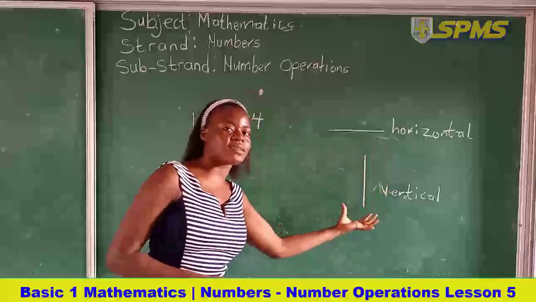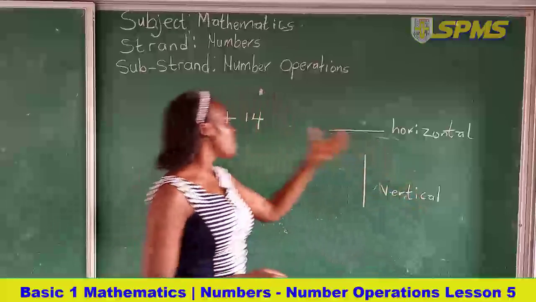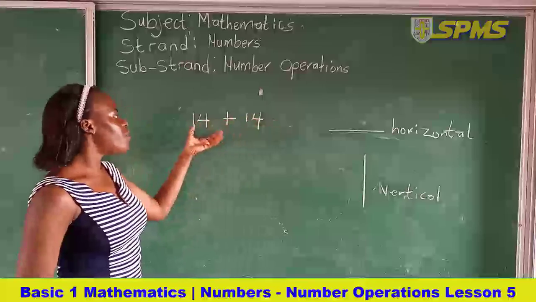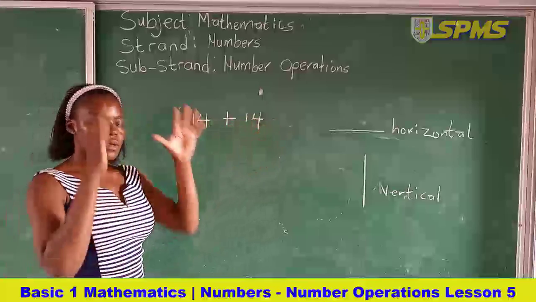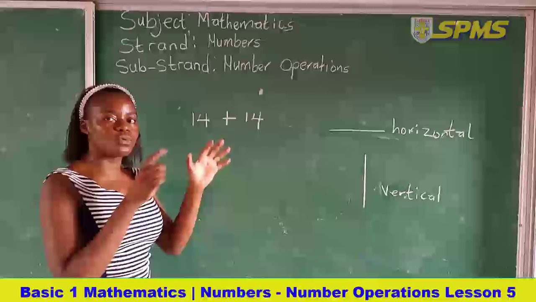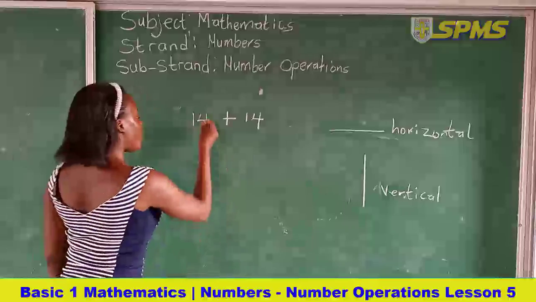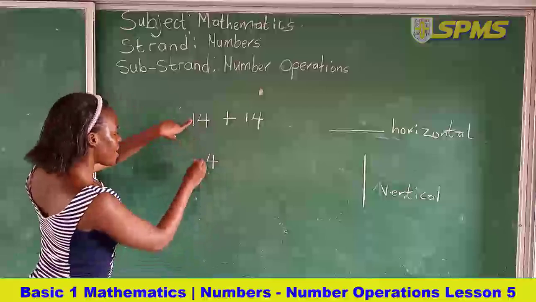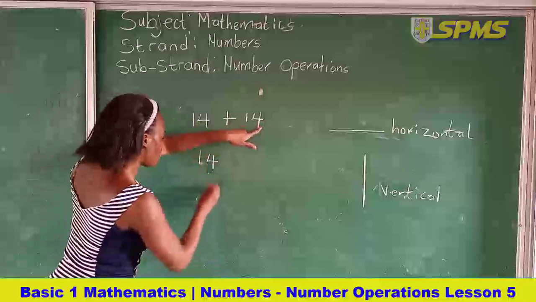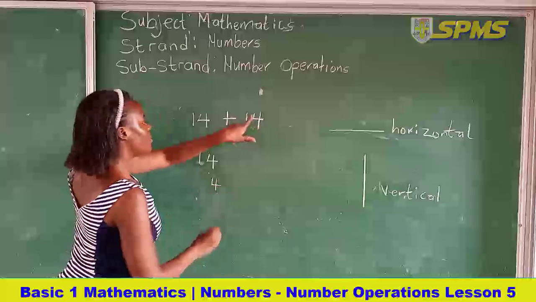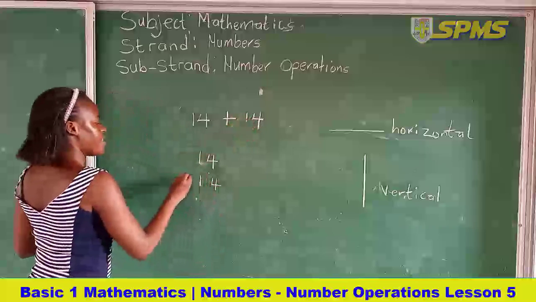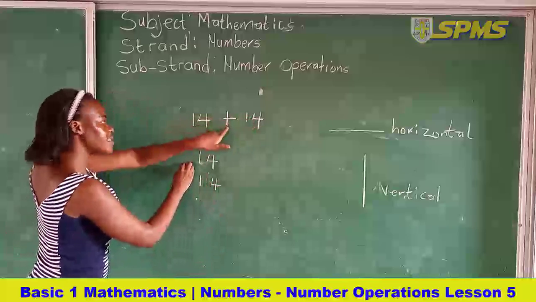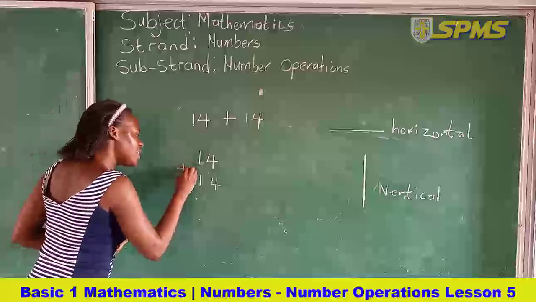Then we have this as our vertical. So our ones always come first. So 4, then tens, 1. Then you write your operation sign here neatly.